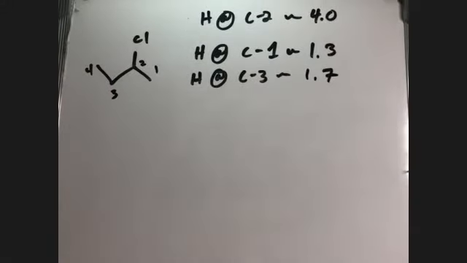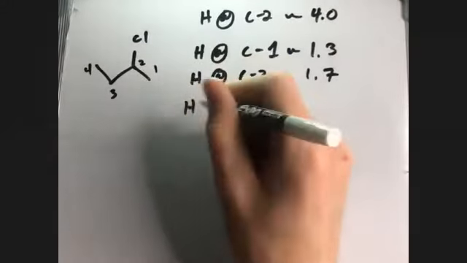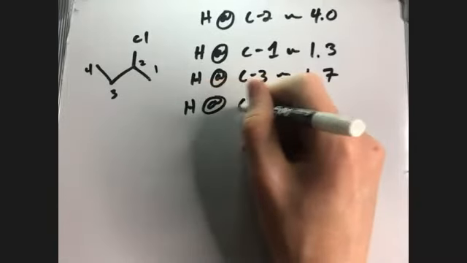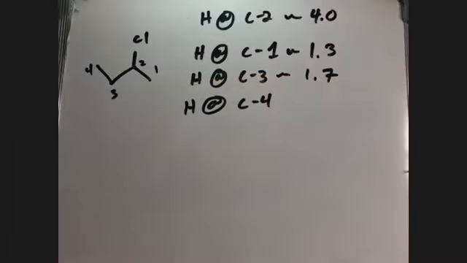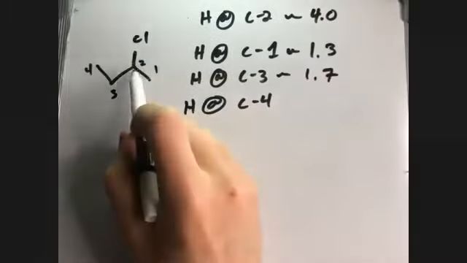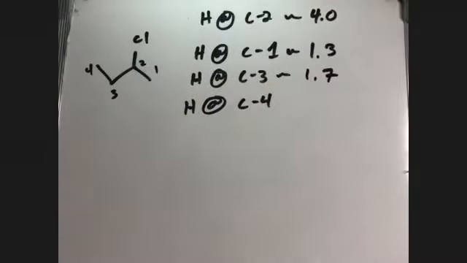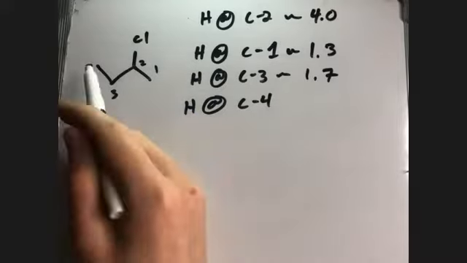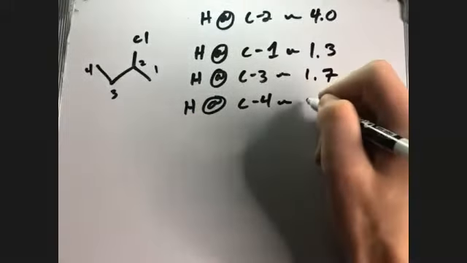So again, I'd expect this to be maybe 1.7, slightly more because of the chlorine, excuse me. And then carbon 4 is finally consistent with what we've seen before. It's the R group. The chlorine's too far away to have any effect on the shifts here. So we'd expect this one to be around 1.